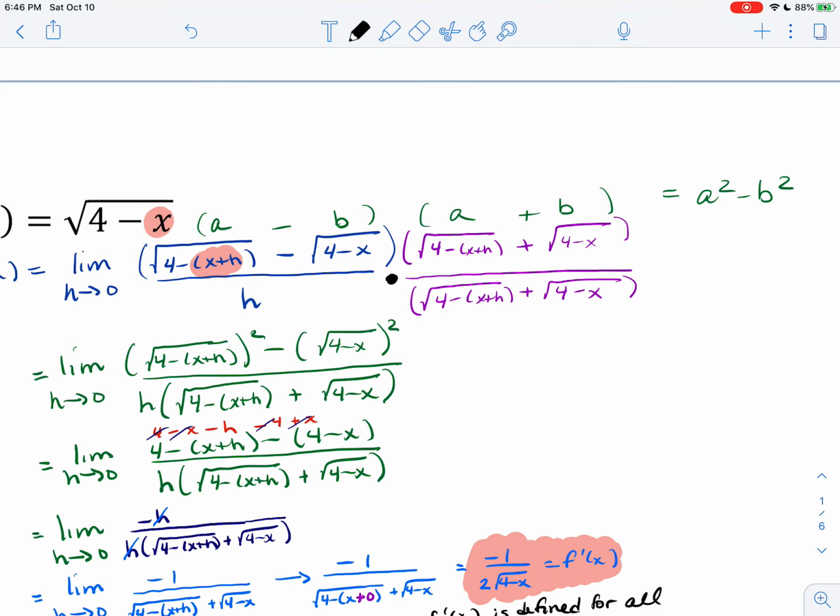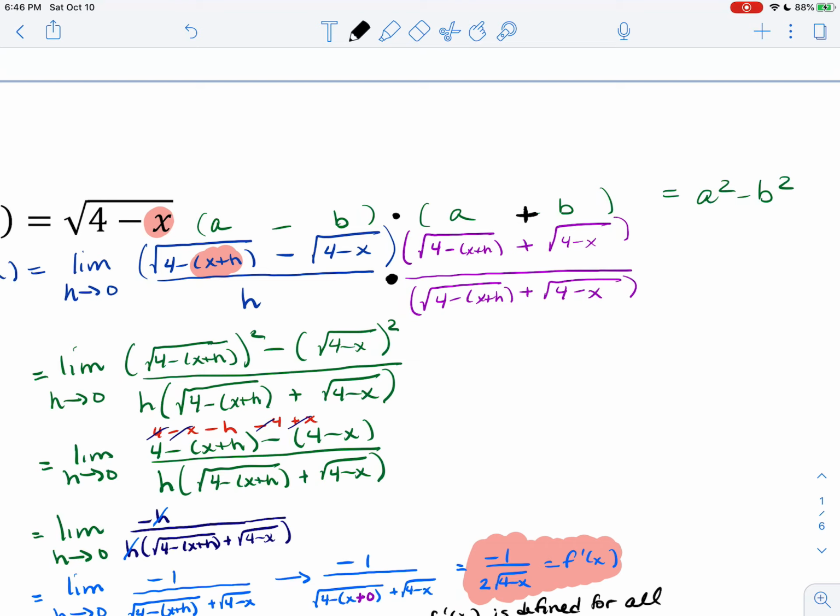Well, if I multiply by an a plus b, then I'm going to end up with a squared minus b squared, because we know that that product does end up being a squared minus b squared. And that's what is called the conjugate of that pair of terms. The a plus b would be the conjugate of a minus b. If I were given a plus b, the conjugate would be a minus b.